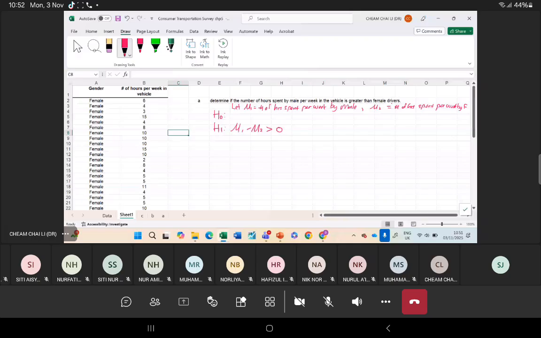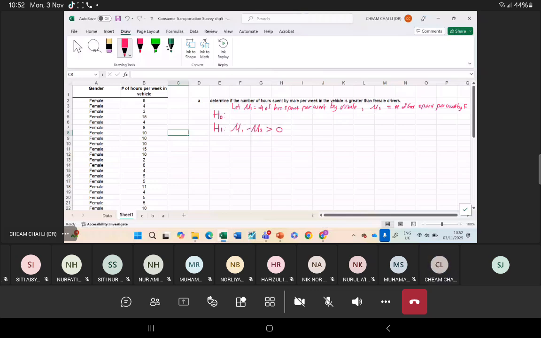Bila kita tolak yang ni, kita dapat jawapan lebih daripada kosong atau positif. Right? Yeah. And because if you have put this in your alternative hypothesis, kan, so dia punya pasangan adalah mu1 minus mu2 is less than or equal to 0. And this is how you write your hypothesis.